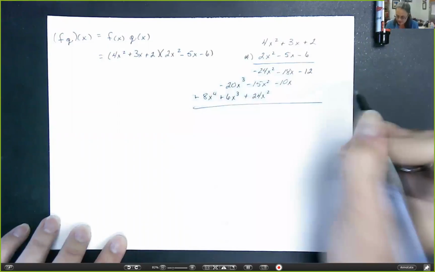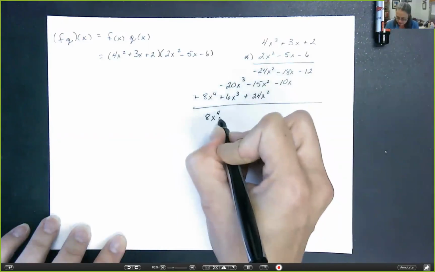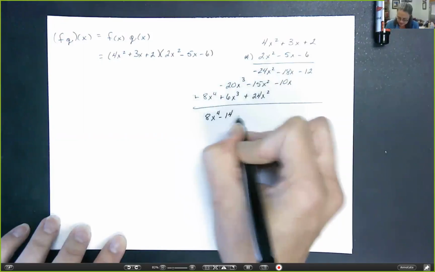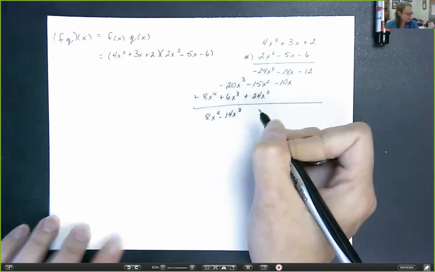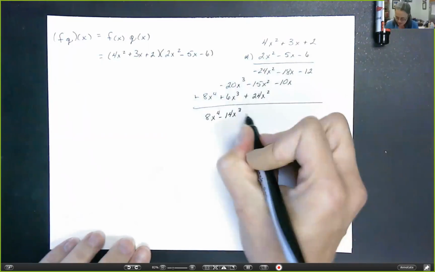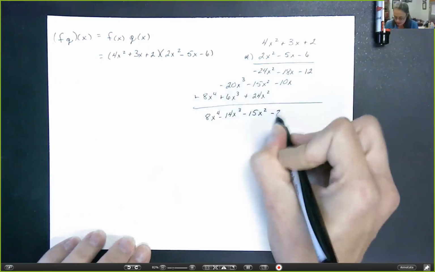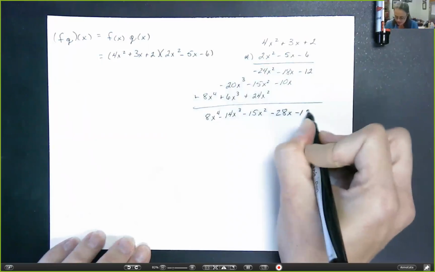Now I just add down the columns. I get 8x to the fourth minus 14x to the third. 24 minus 24 is 0, minus another 15 is minus 15x squared minus 28x minus 12.